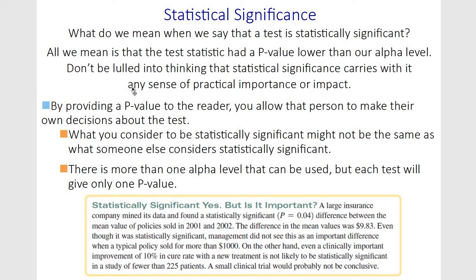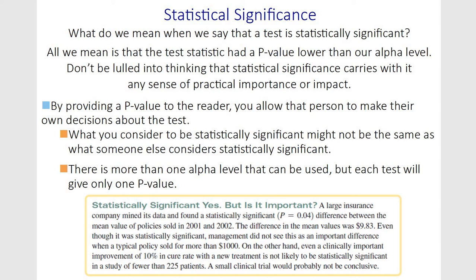The statistical significance doesn't really carry anything. Okay. All it's saying is that it fulfilled the alpha level that I wanted. So we can say that if our p-value is less than our alpha level, then we can say that our test was statistically significant because we got what we wanted.